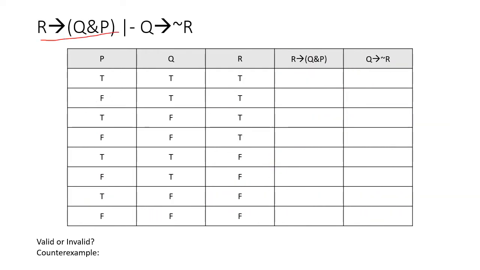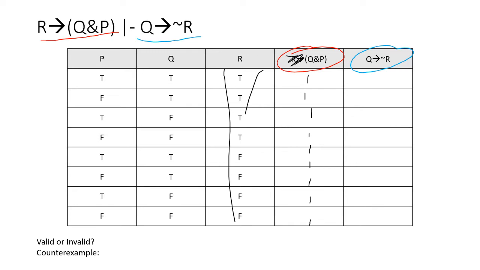In this one, we have one premise, and then we just have our conclusion. So here again, we just gotta do the one within the parentheses first. So we're gonna look at just Q and P. That's true wherever they both match, and they'll both match here in 1 and 5.